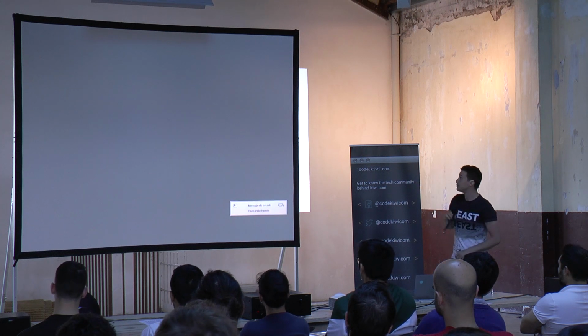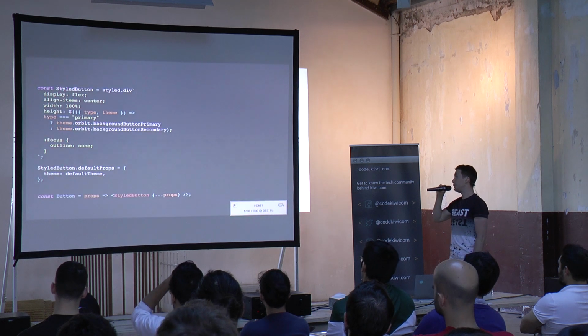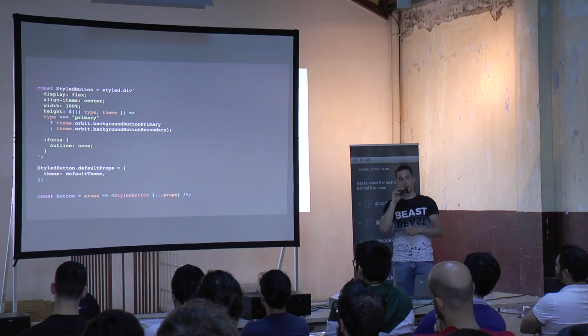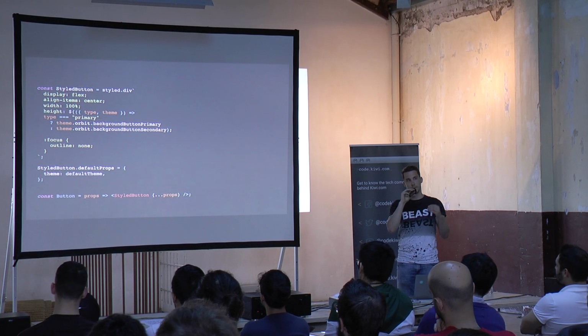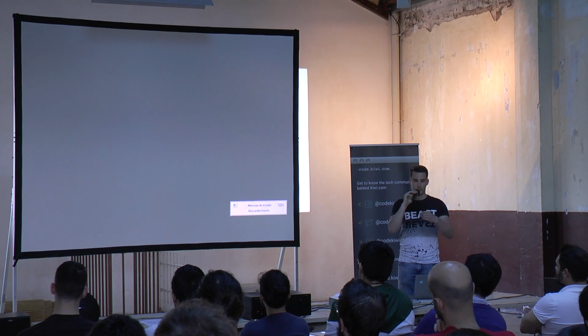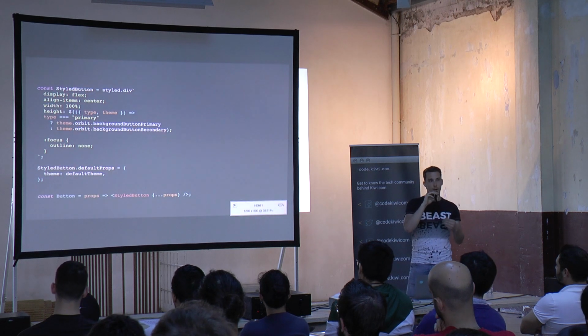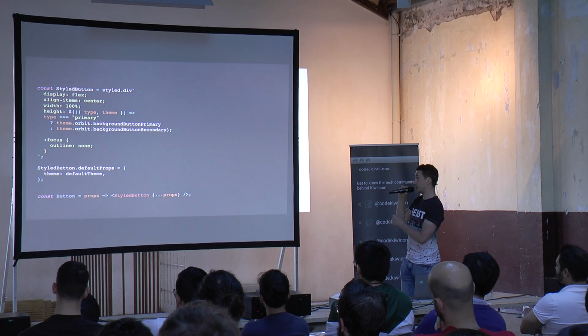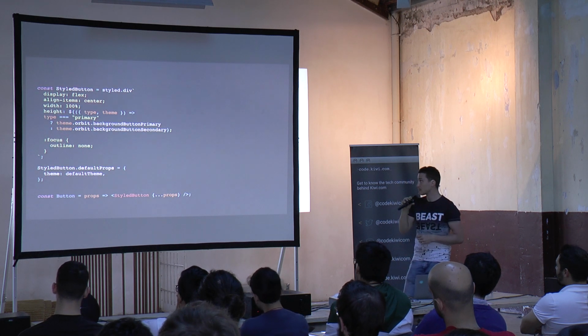In this example, we are just declaring one single component, a styled button. The whole CSS declaration is in tagged templates. It's a vanilla JS feature, I would say. It's a way to pass an argument to a function. So styled.div is a function.